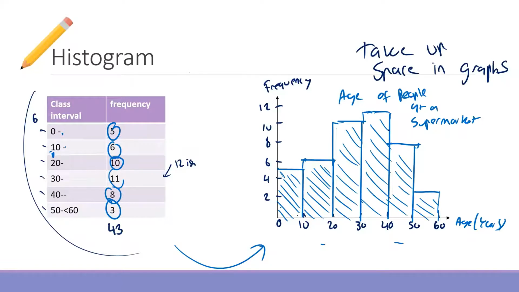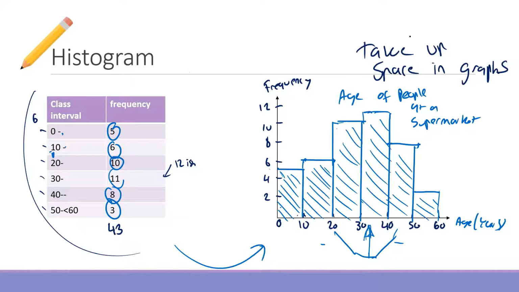I can see visually from looking at this histogram that it looks like a lot of people are between 30 and 40 years old. A lot of them are going to be around that region. In fact, most of the people are in the middle of this graph, between 20 and 50, closer to the middle. You can almost tell that the mean of this data, the average value, is probably 32, 33 or something.